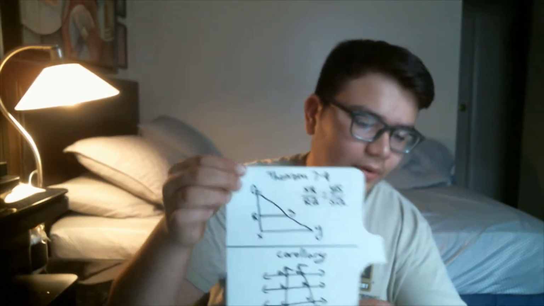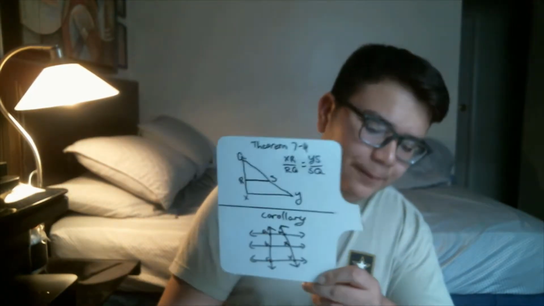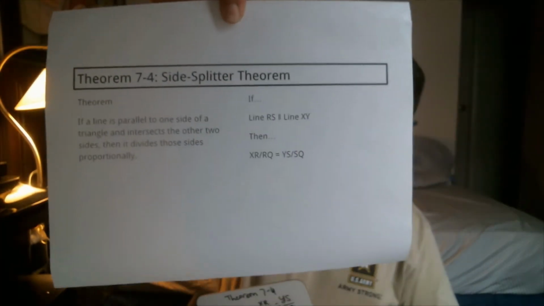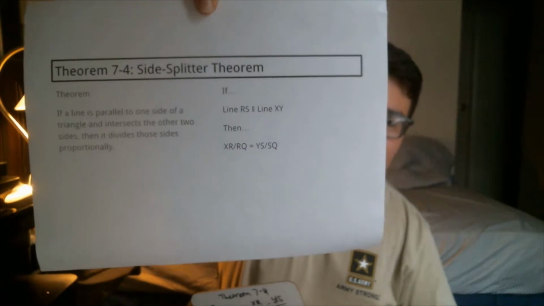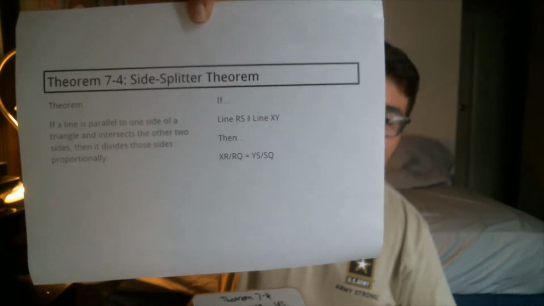Now, the first theorem that we're going to get into, because there are a few, is Theorem 7.4, which is the side splitter theorem. And it reads, if a line is parallel to one side of a triangle and intersects the other 2 sides, then it divides those sides proportionally. What does this mean?